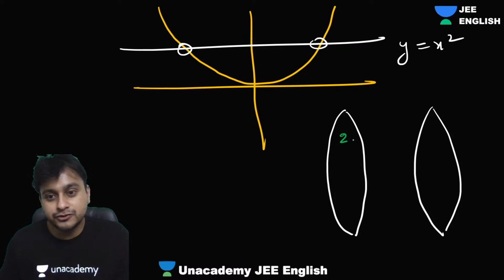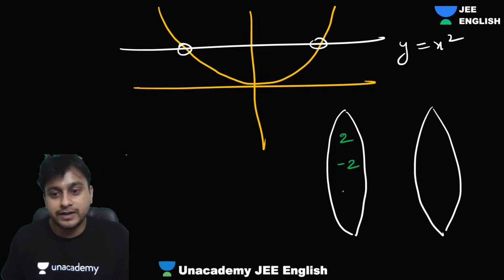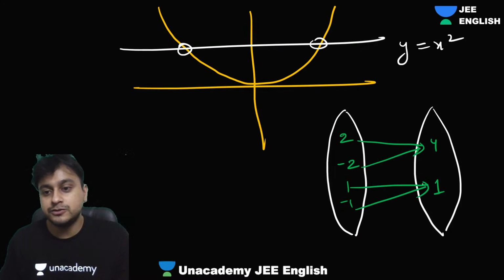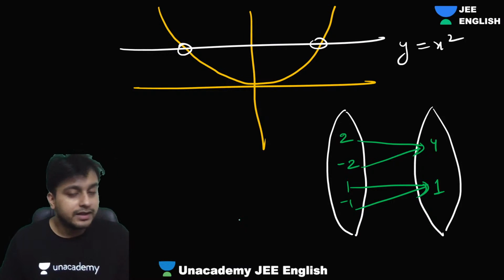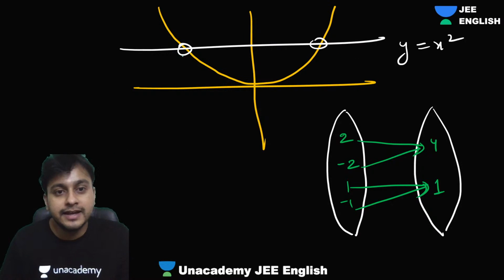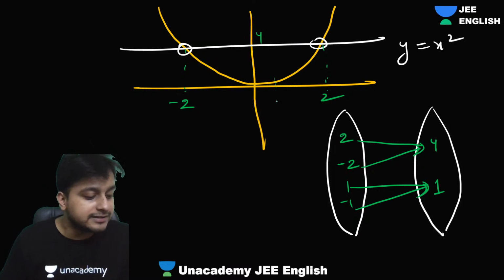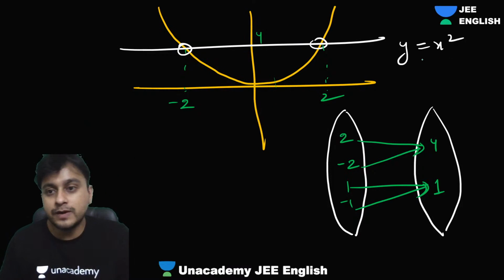If we have 2 and -2, and 1 and -1, and here we have 4 and 1. These two will be mapped with this one, and these two will be mapped with this one. So obviously it is many to one. At x equal to -2 and 2, you get y as 4 only, right? It's a function, no doubt, because the vertical line test will cut once only. So this is a many one function.